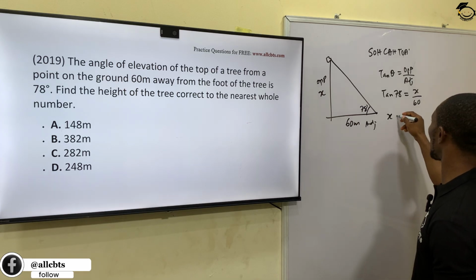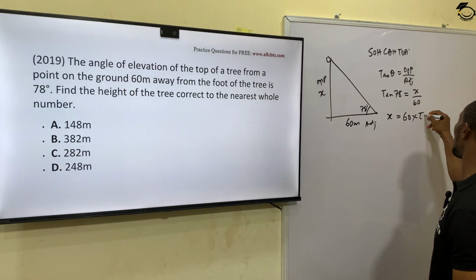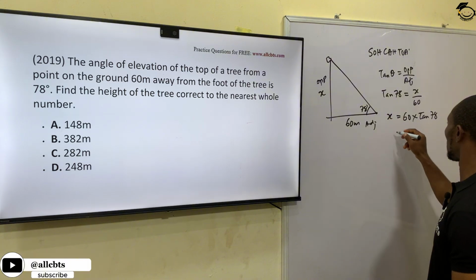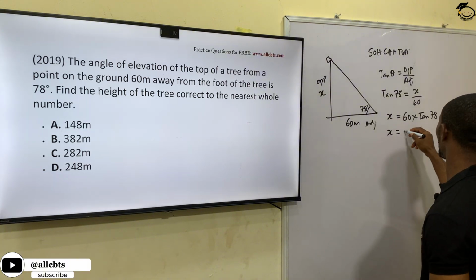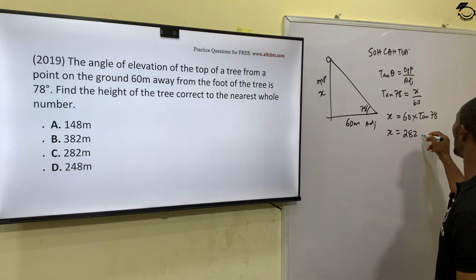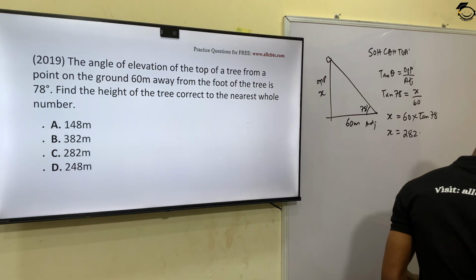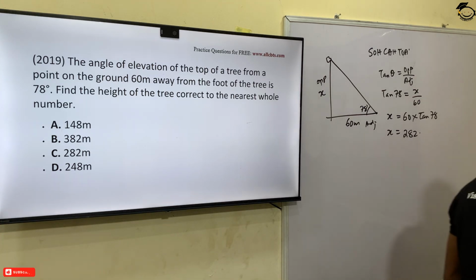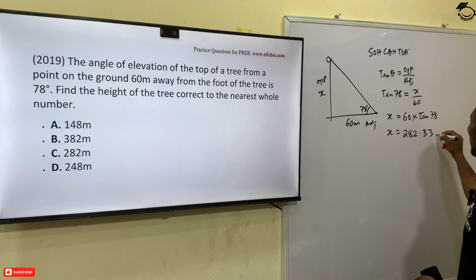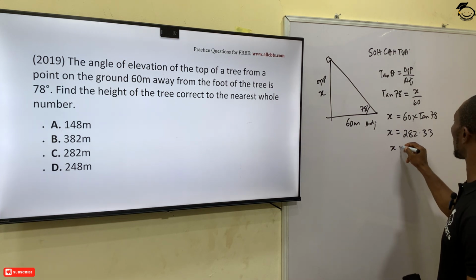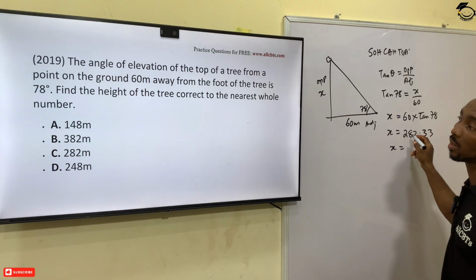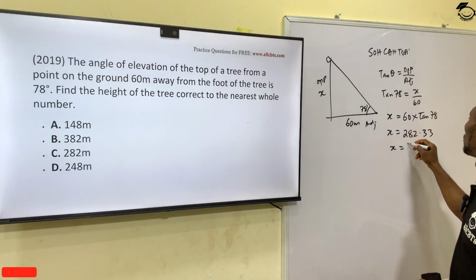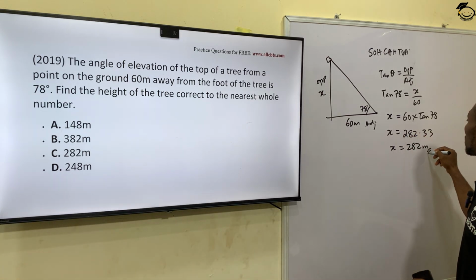So for us to have x, we have it as 60 times tan 78. And the x will give us 282.33, which will be x equals, to the nearest meter, 282 meters.